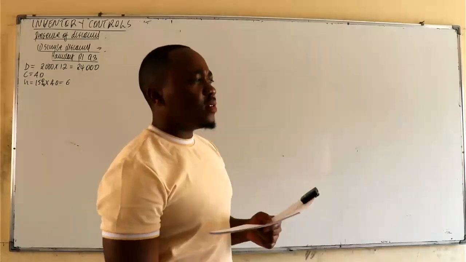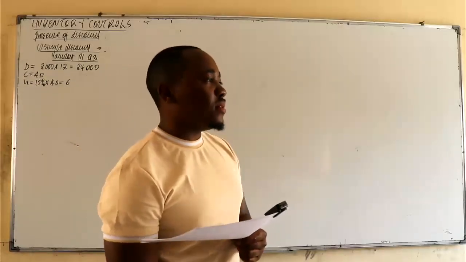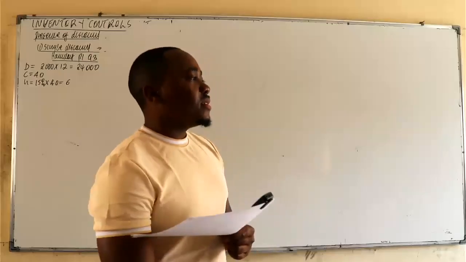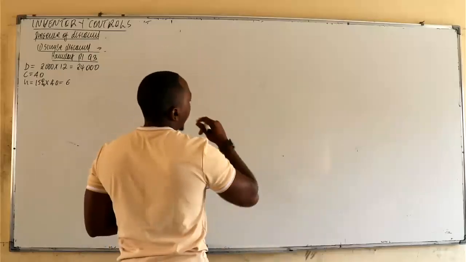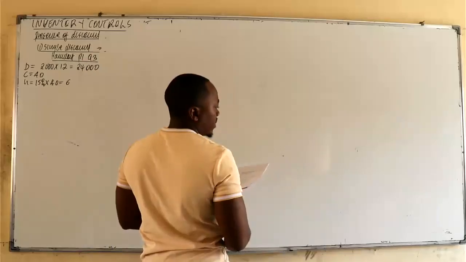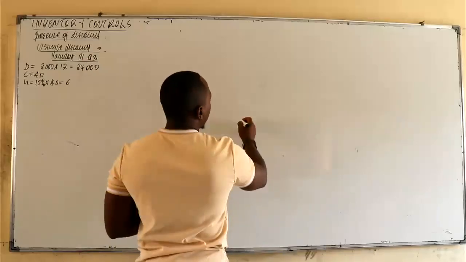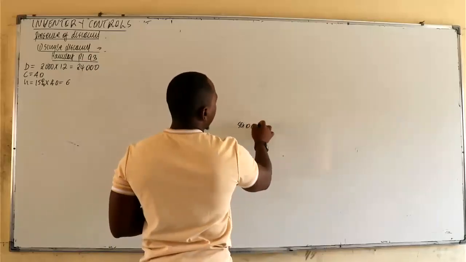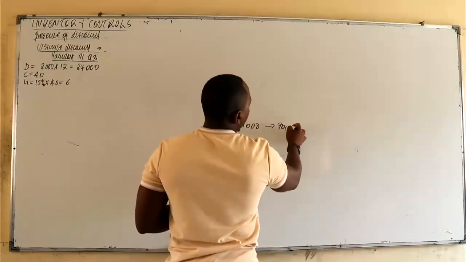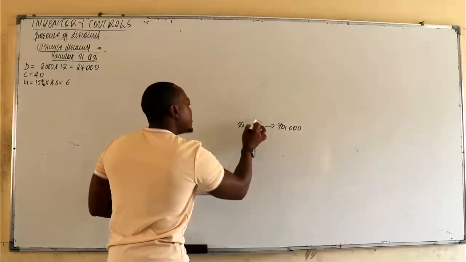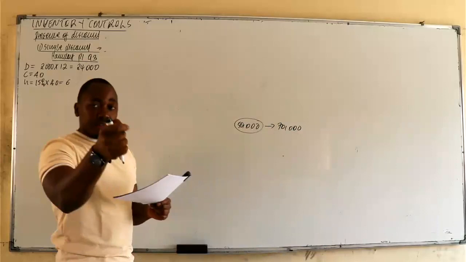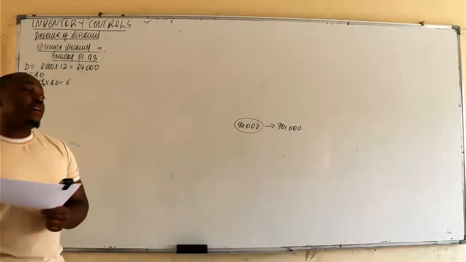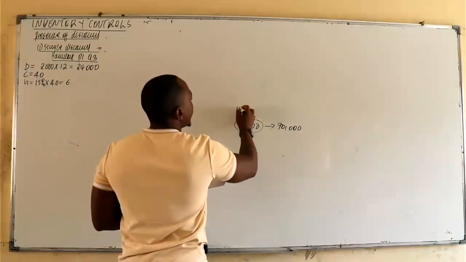What do you mean by the holding cost? If you're given the cost of capital, this is what it means. For example, let's assume that you are dealing with an asset of high value. Maybe you are selling mobile phones, and you bought one phone at 50,000, and you decided to sell it at 70. So that means you paid 50 to acquire that inventory, and then you are told that the cost of capital is 15%.